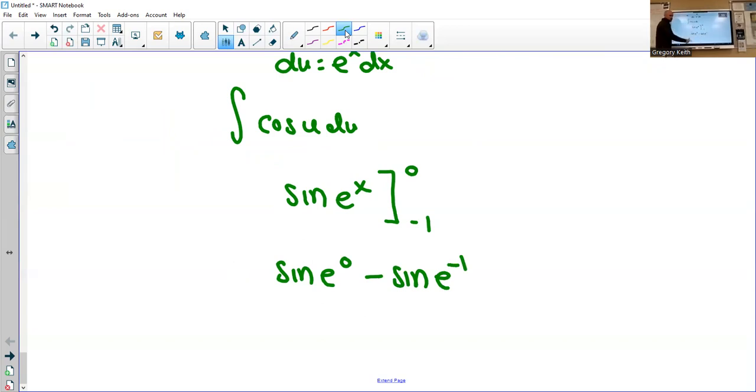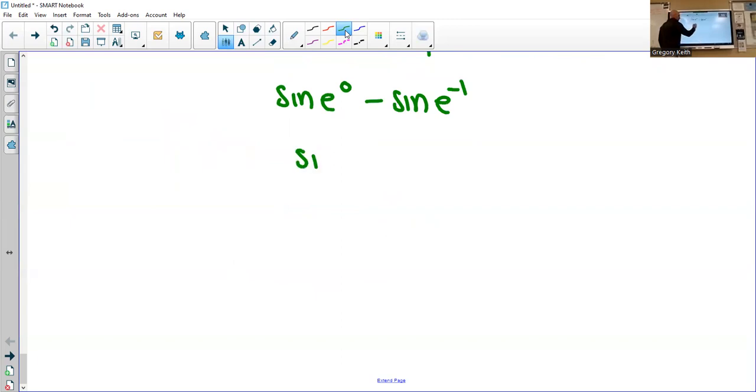Well, we can't do much with sine of e to the -1st. That's not on the unit circle. But we can do something with e to the 0. What's e to the 0? That's just 1. Well, actually, no, I lied. We can't do anything with that either. We're out of luck.